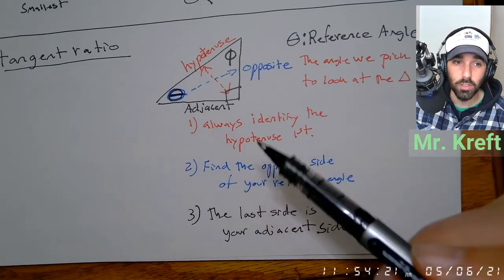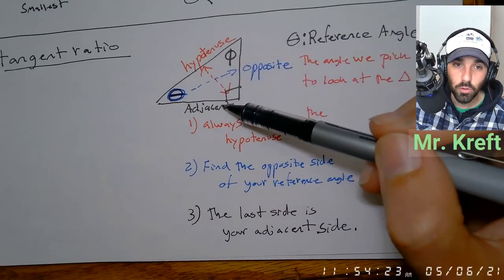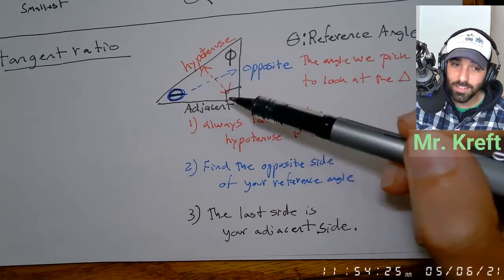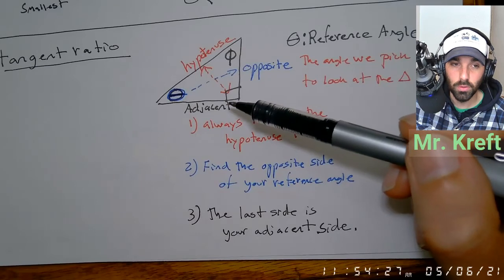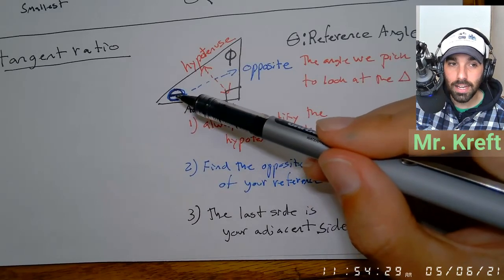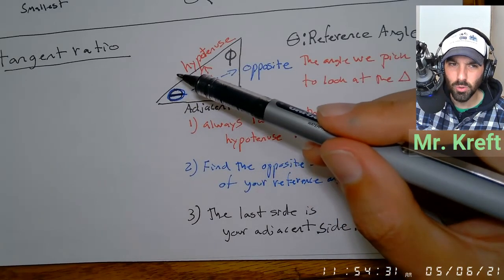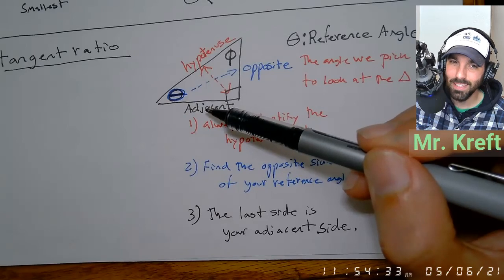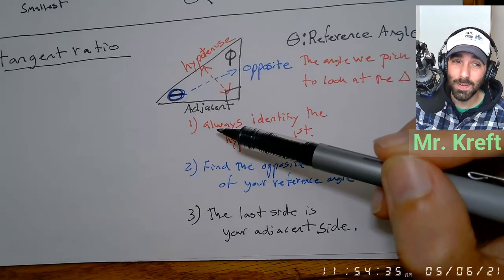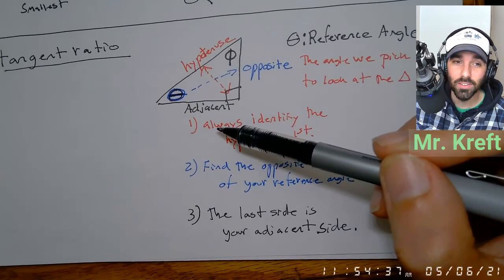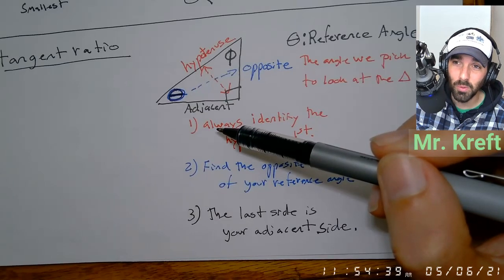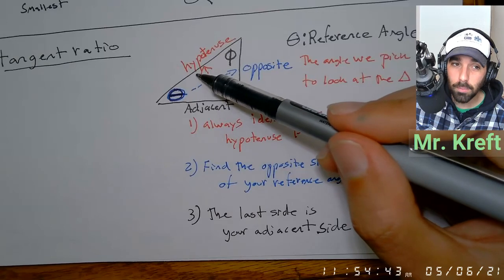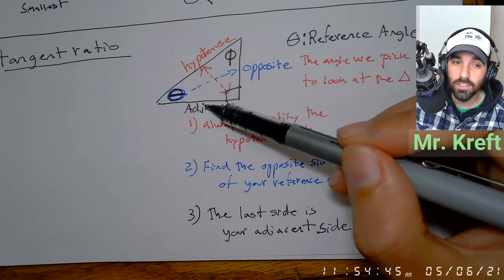Now, this is why you should never do adjacent first. It's confusing because adjacent means next to. So if you take a look at this angle theta, aren't there two sides that it's next to? That's why you do this one last. Because if you start out with the adjacent one, you're probably going to make a mistake. Do the hypotenuse first.